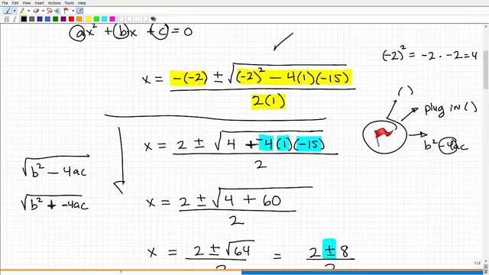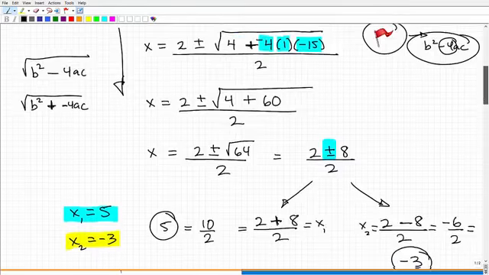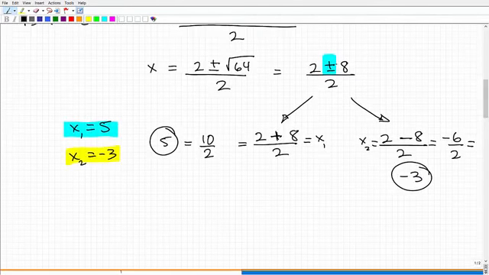So before you do all this other work, make sure you plugged in correctly, okay? As you start simplifying step by step, watch the b squared minus 4ac part. Big place where students mess up. And then just work through your calculations, and be mindful that the plus or minus part is where you're going to get your two separate solutions.